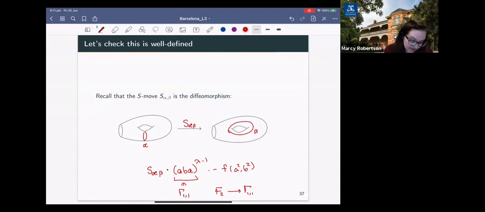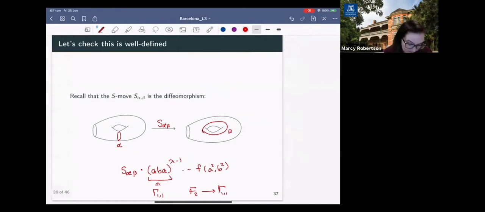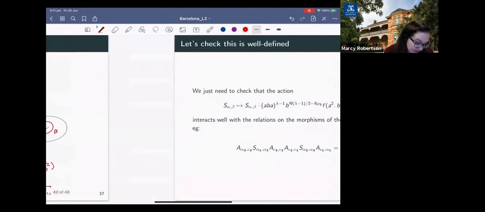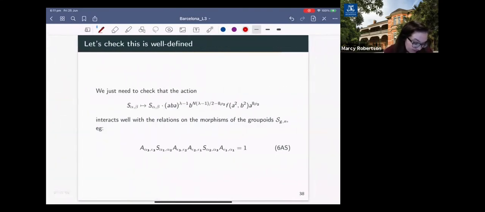So this actually all makes sense. It's a composite of diffeomorphisms in the mapping class group. Okay. And so now you just need to check that this is well defined, that it works with all the structure on the groupoid. So the relations of the morphisms.